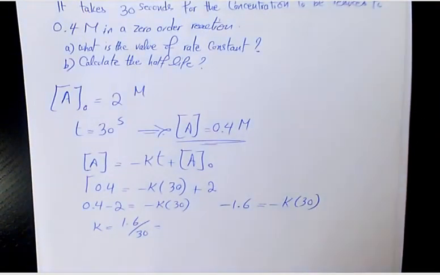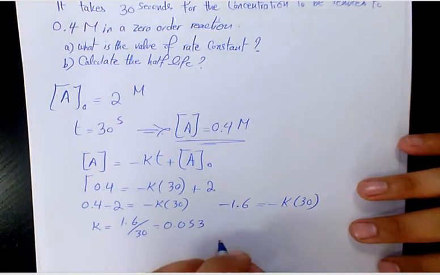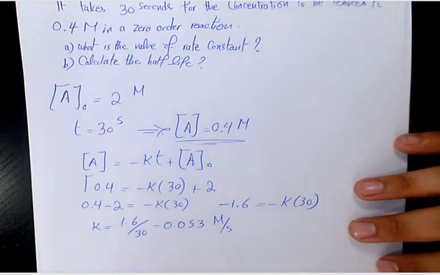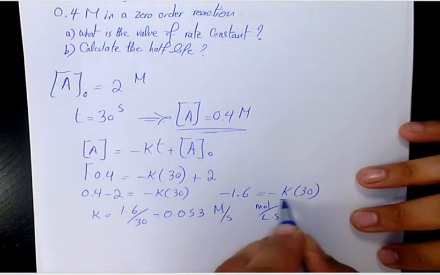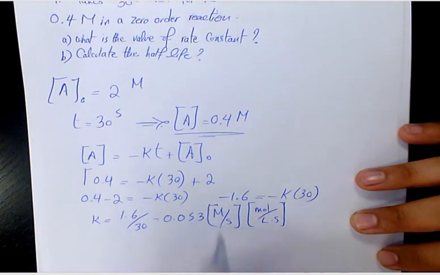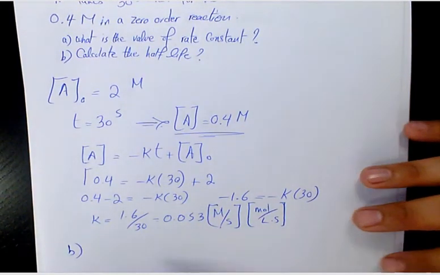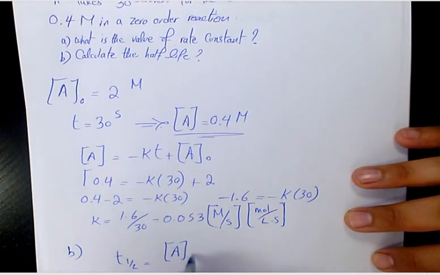That's going to be 0.053 molar per second, or mole per liter per second. Both of them are the same. So that's the K value, part A. Part B, it says calculate the half-life. So T half equals the initial concentration of A, as we had before, divided by 2K.